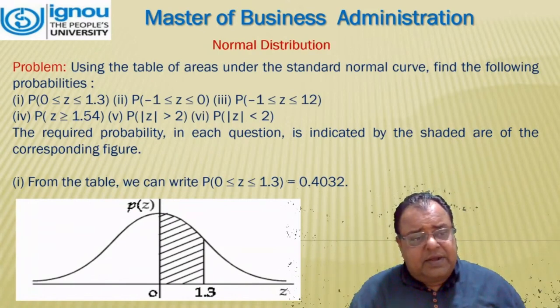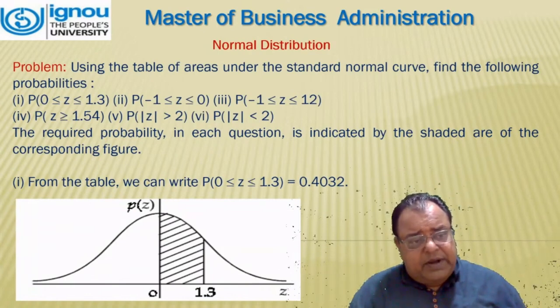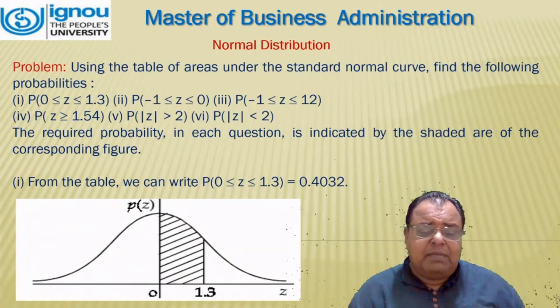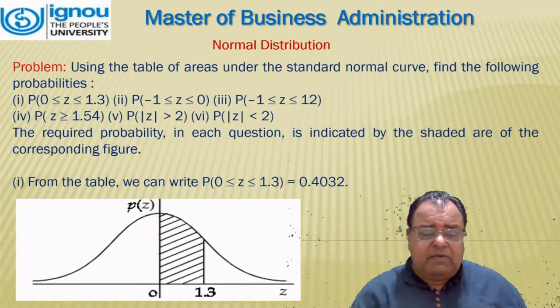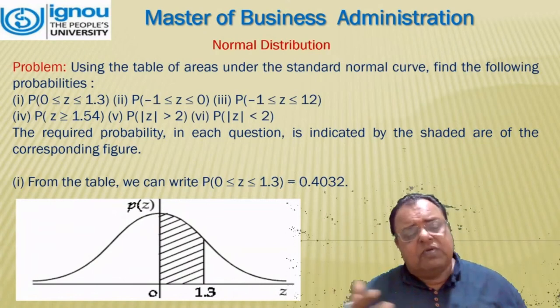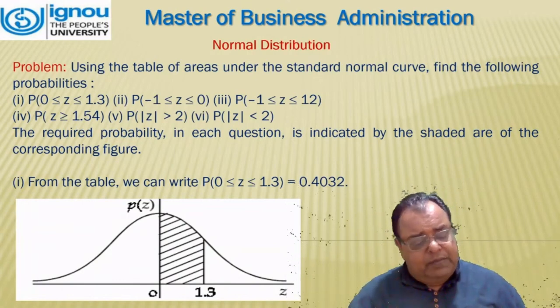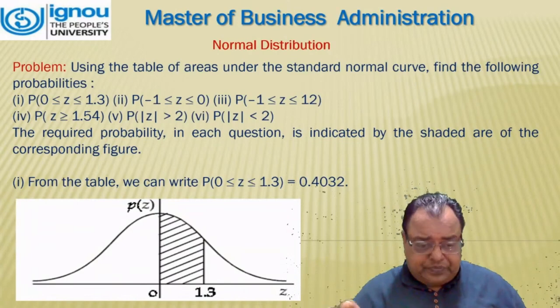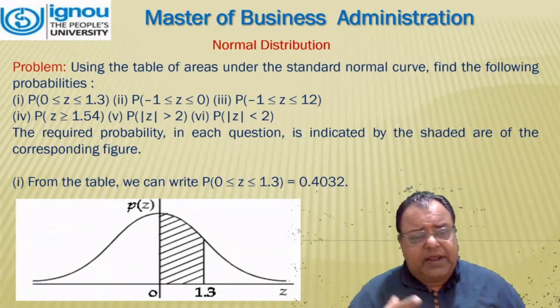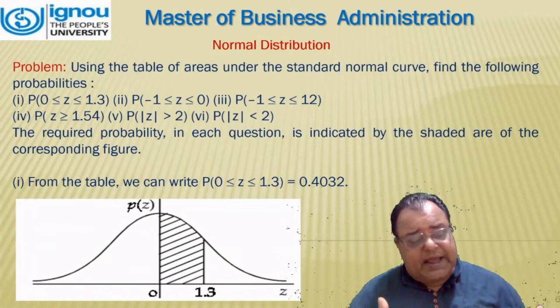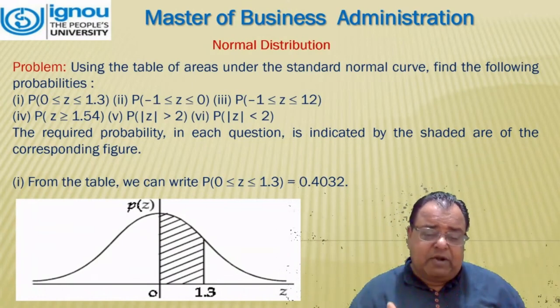Since the probability we are asked for is from 0 to 1.3, we draw a normal variate curve, and from 0 to an arbitrary value on the right hand side, we mark 1.3, and this shaded area is the probability or the area under the standard normal curve.